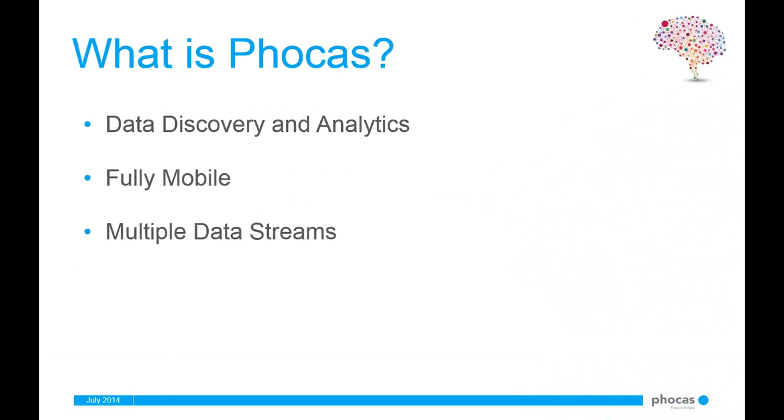Typically, a lot of our customers will take it out of their ERP system, SAP in your case. That will then import into Phocas, and then we can build a database around that. Other people might want to incorporate information from third parties or from spreadsheets and that kind of thing. All that can be incorporated within a Phocas database. So multiple data streams.